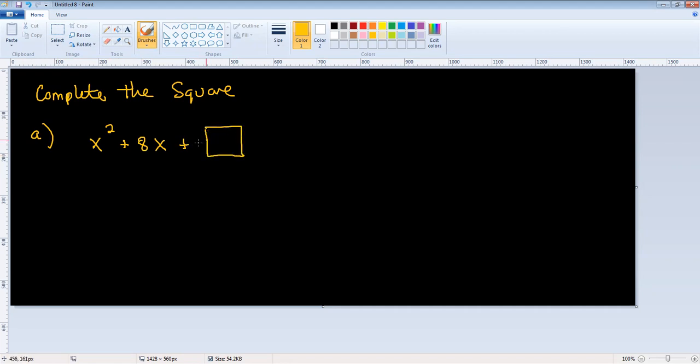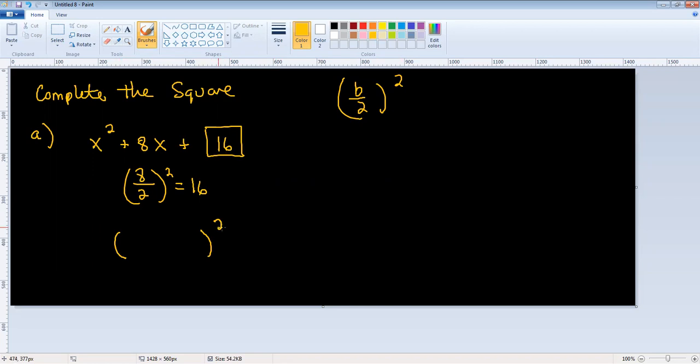So usually you'll have 2 terms, or you might actually have 3 terms, but you're always adding a special term here to make this a perfect square. So what's the formula? Well, the formula is b over 2 squared. So what's the b here? 8. So 8 over 2, and then square it. So 8 divided by 2 is 4. 4 squared is 16. Okay, 16.